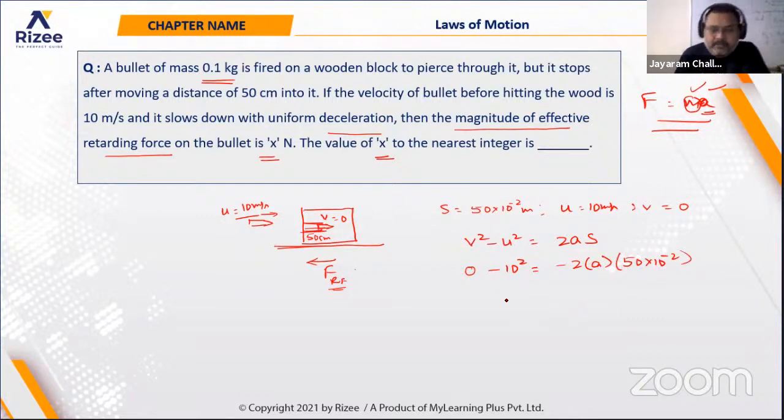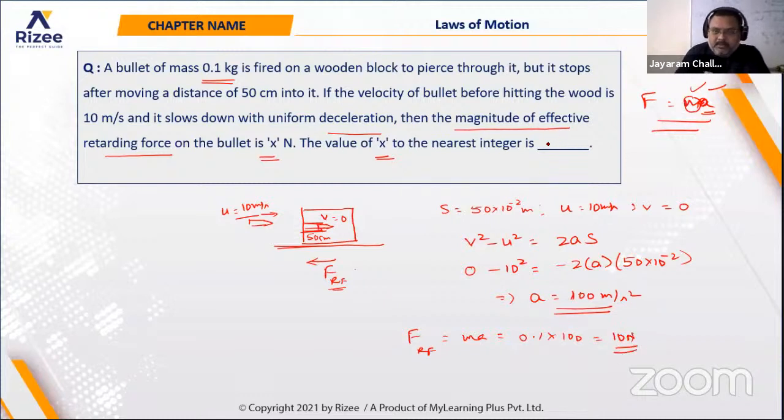Solving this, you get the acceleration a as 100 meter per second square. Substituting this, the retarding force is equal to ma, where mass is 0.1 kg and acceleration is 100. So this will be 10 newtons, and this is going to be our answer.